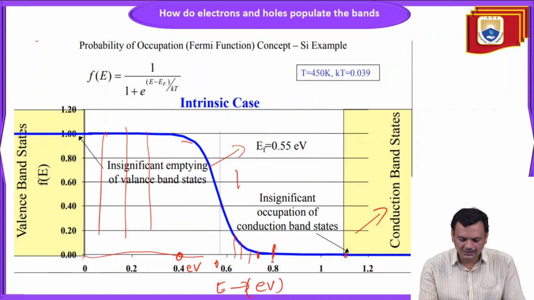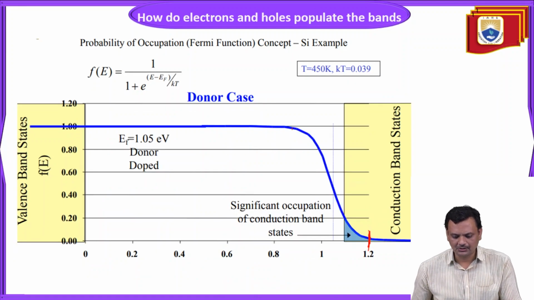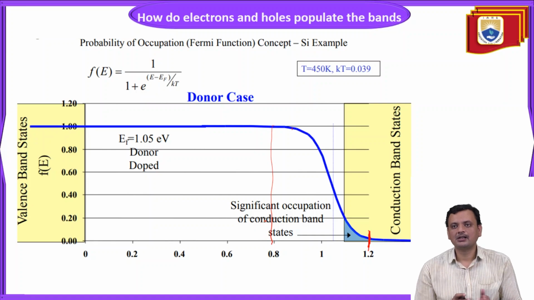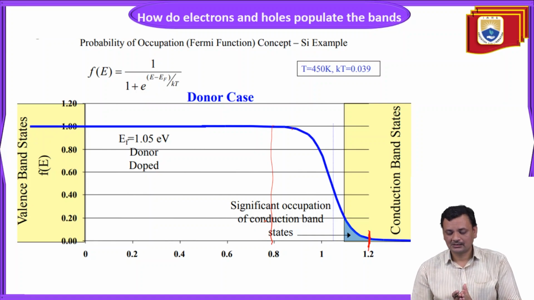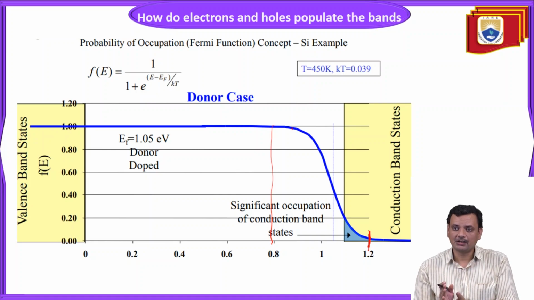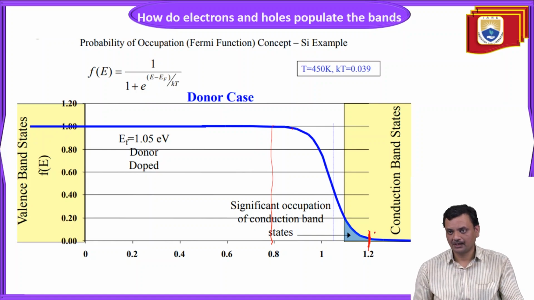See here, at 0.8 electron volt, the chance of occupation by charge carriers is completely 0. But here it is completely 1. Means up to this level, the charge particles are completely filled. Whatever smearing occurs, it occurs here in the valence band, in the conduction band region.